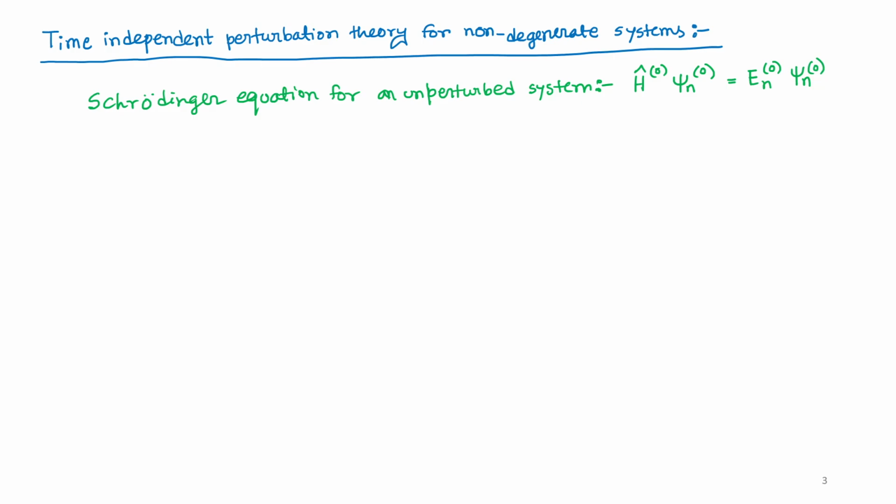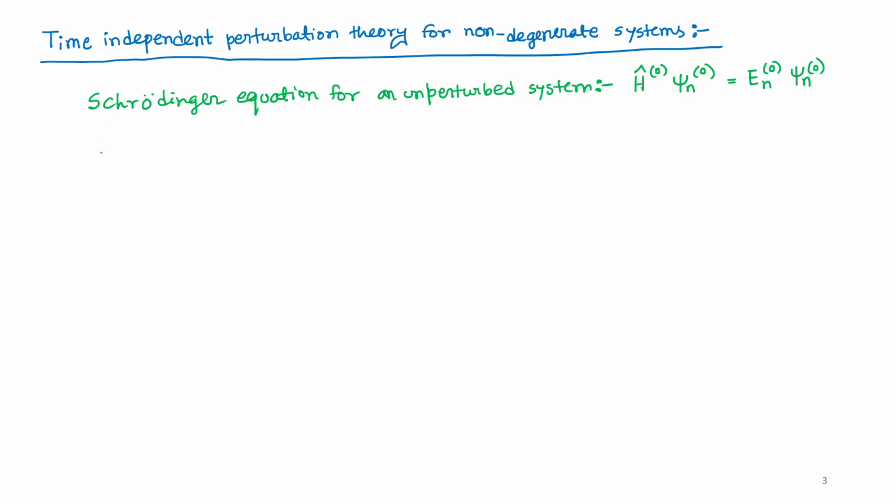Now suppose the perturbations are very small. The cases we are going to discuss are very small perturbations, like 1% or even 0.1% of the actual system. That means there is no change in the other part of the system. Wherever we apply the perturbation, only that part gets perturbed, not the whole thing.